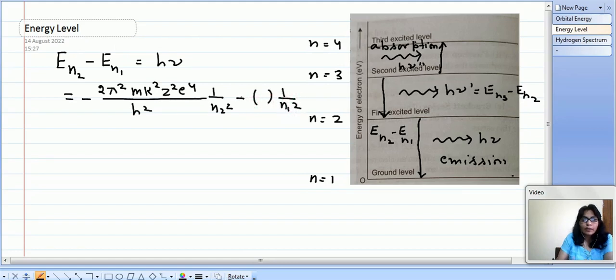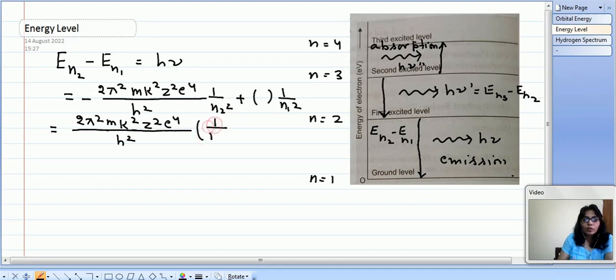So minus minus will become plus here. We can also write this as 2 pi square m k square z square e to the power 4 divided by h square, and within the bracket, because this is minus 1 upon n2 square and this is plus 1 upon n1 square, we will write it as 1 upon n1 square minus 1 upon n2 square.